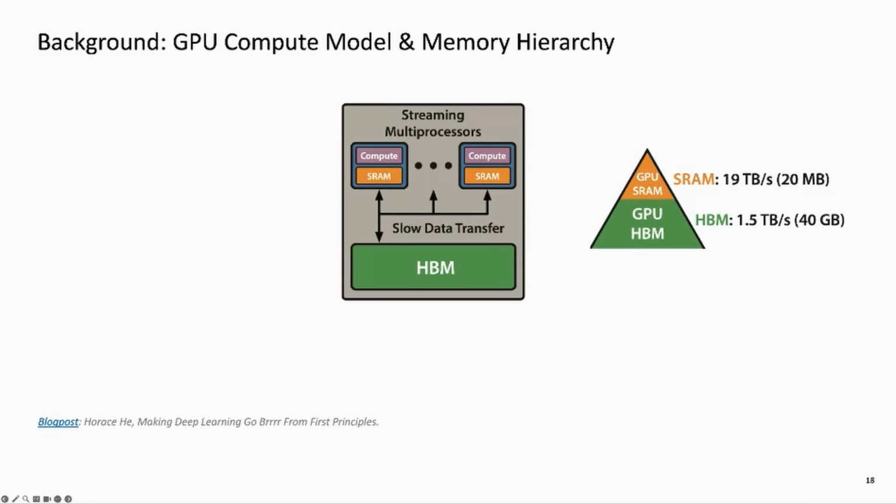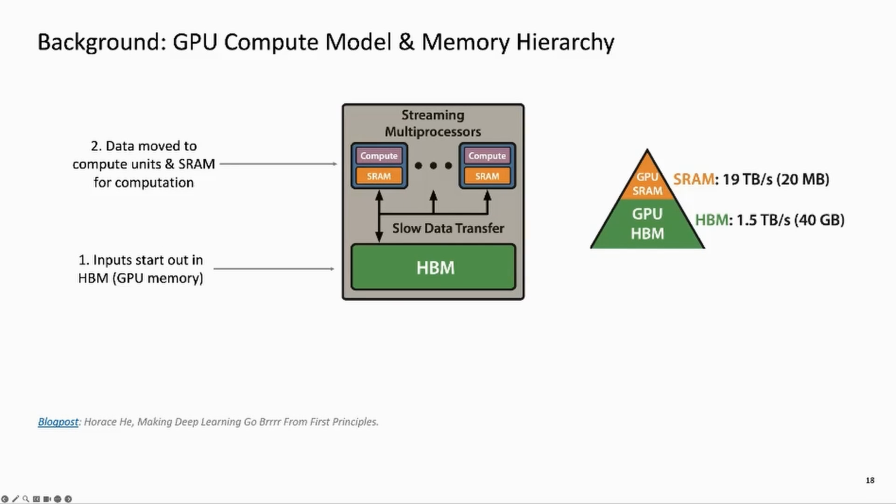There's a huge difference between the two kinds of memory. SRAM is usually about three orders of magnitude smaller, but an order of magnitude faster. Similar to DRAM and cache in a CPU, cache is usually much smaller but much faster. The way things work is that the inputs start out in HBM, in GPU memory, and need to be transferred to the compute unit and SRAM for computation.